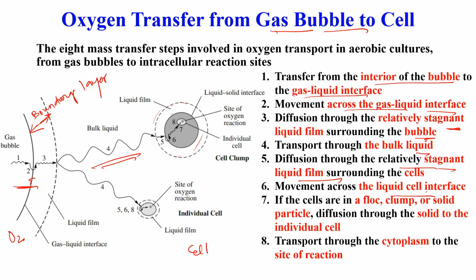Then it has to cross the interface; 6 is the movement through the cell interface. Then 7 is, if it is a cell floc, clump or solid particle, it will diffuse inside, and finally it will be transported to the cytoplasm, to the site of reaction where oxygen is required.